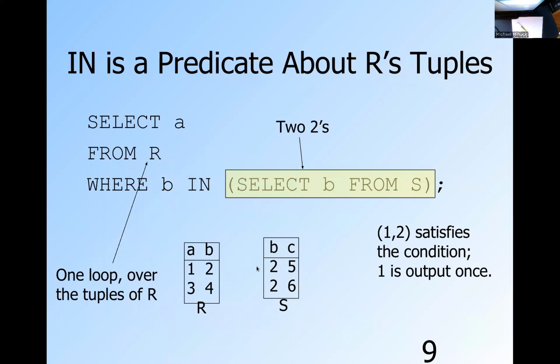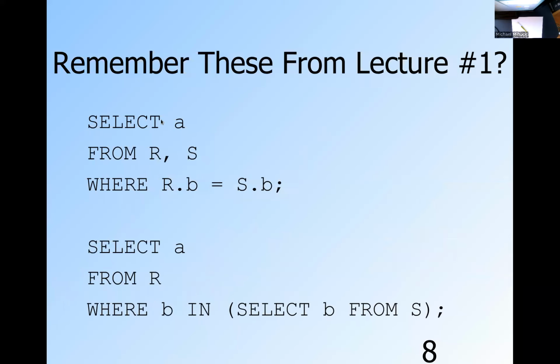Two of those 4 tuples are going to match, with 1, 2, 2, 5 in the join, and 1, 2, 2, 6. In that case, A will be duplicated: A equals 1, A equals 1. So 2 tuples will make it back here.